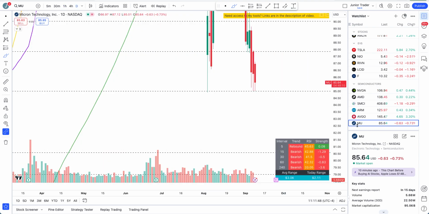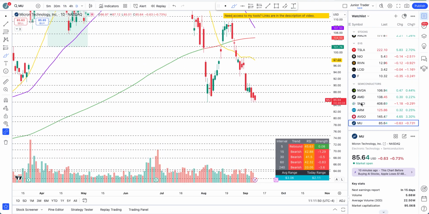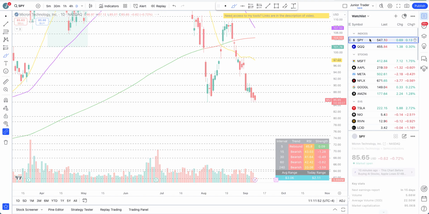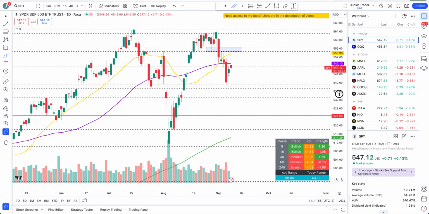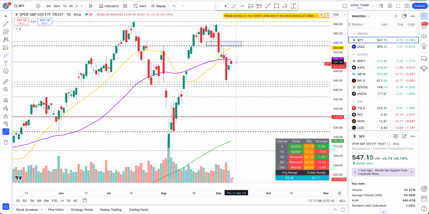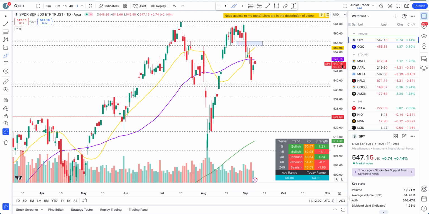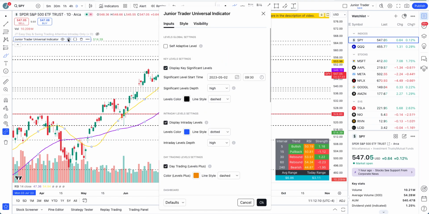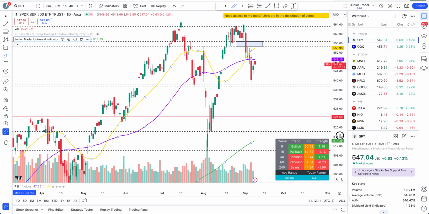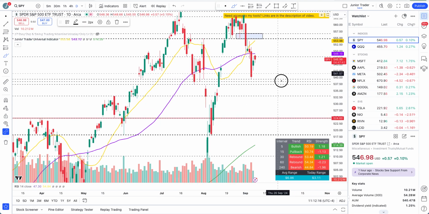All right. Well, SPY and QQQ, let's take a look at those as well. SPY. So SPY is trying to get above one of these levels, 547.93. Well, it's not out of the woods yet though, guys. Let me actually check something here on my tool. Yeah, we are not out of the woods yet on this.